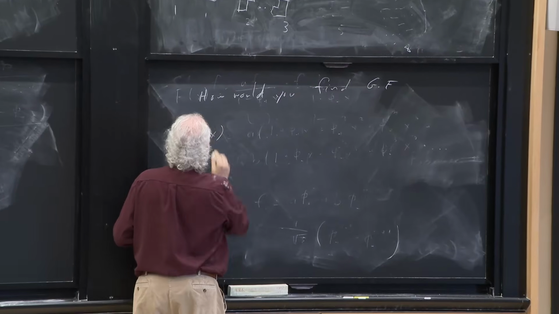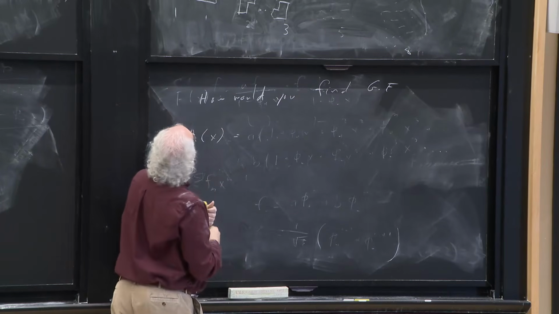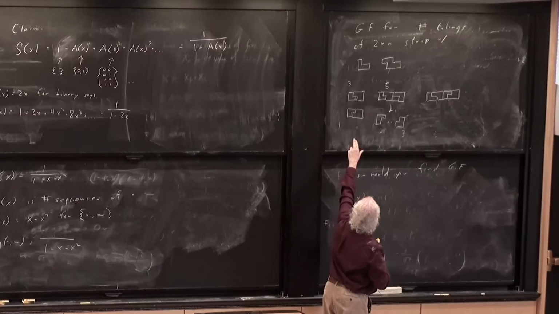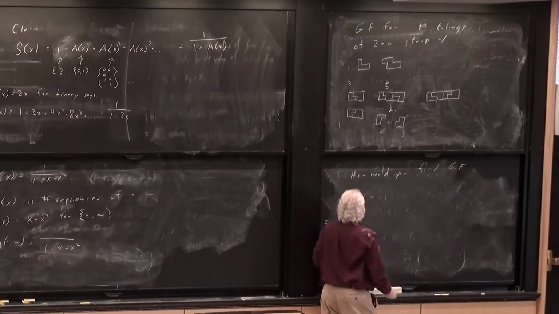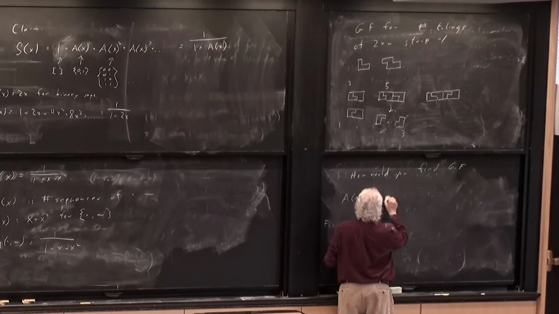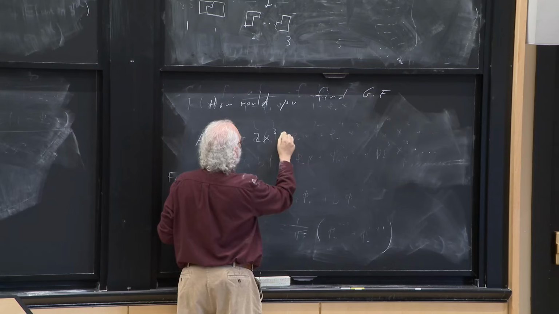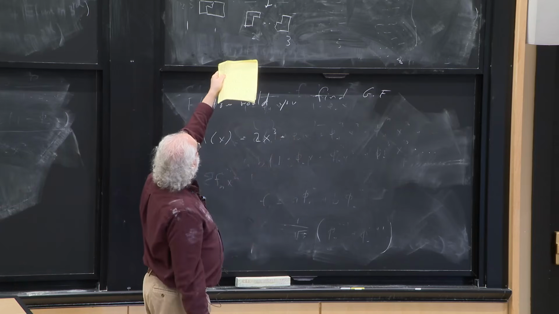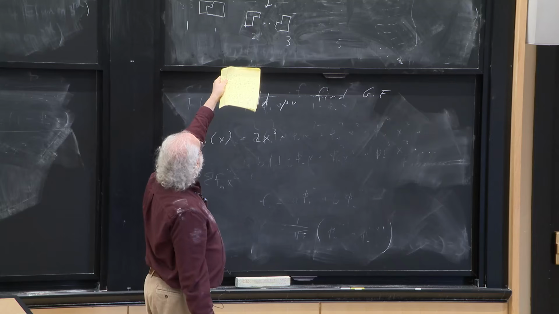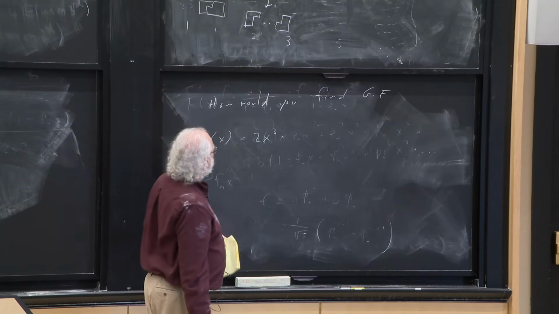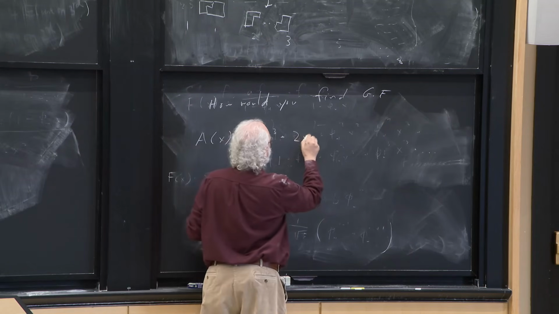A of x is equal to, well, there are 2 ways of tiling a length 3 strip, so that's 2x cubed, plus, well, there are 2 ways of tiling a length 5 strip, so that's 2x to the 5th.